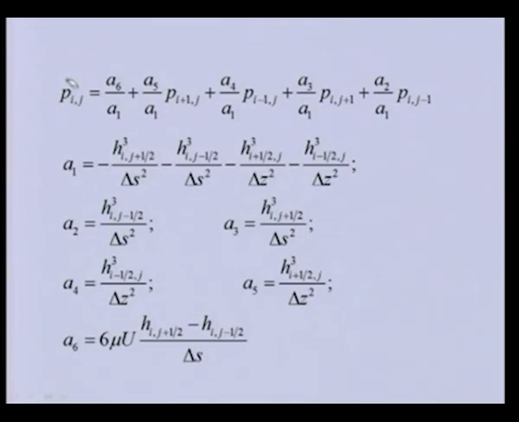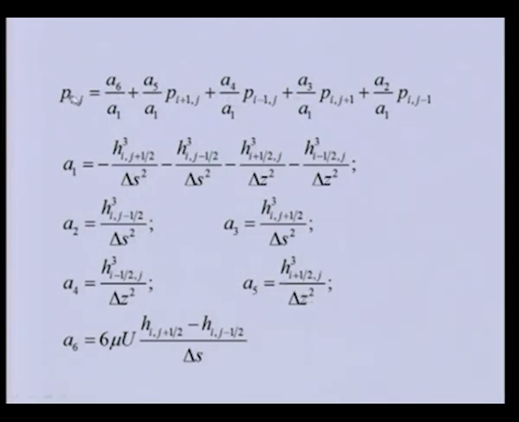The pressure at ij we are predicting with the help of the neighboring 4 nodes, and these various constants are known quantities, either film thickness or the circumferential distance or radial distance or axial distance. So this equation is very important.